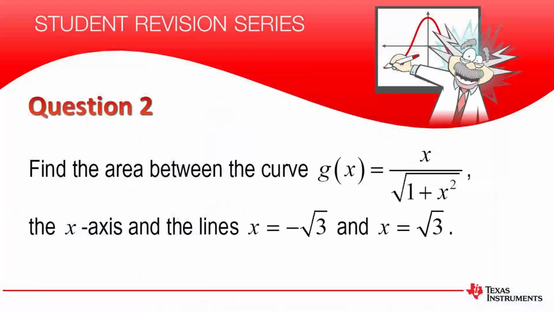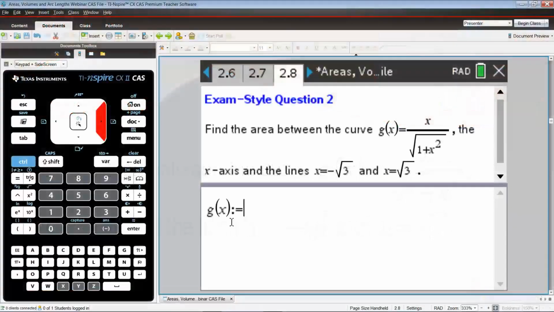Okay, so let's look at another type of exam style question. This time we want the area between the curve g of x equals x over root 1 plus x squared, the x-axis, and the lines x equals negative root 3 and x equals positive root 3. As I did before, I'm going to start by defining the function. I've already got the initial part there, so let's finish it off.